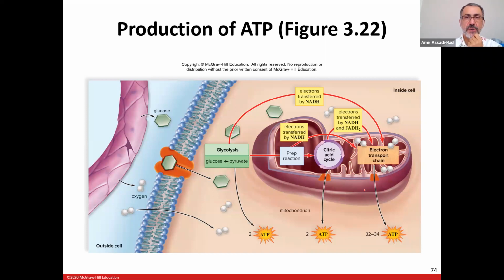If you have any question, let me know. Glucose goes inside of the cell from the blood vessels and breaks down to two 3-carbon molecules. These 3-carbon molecules, with a covalent bond between them, are called pyruvate.